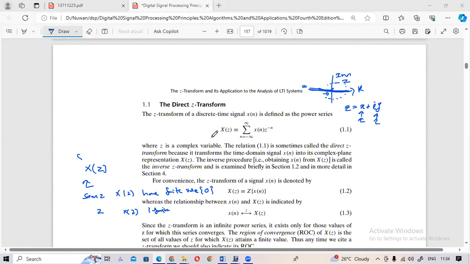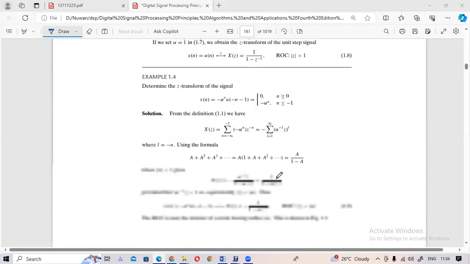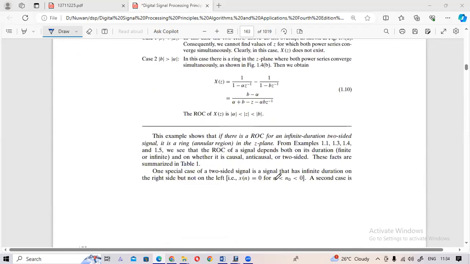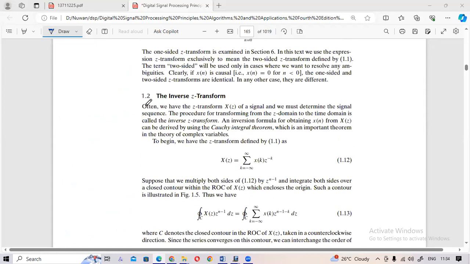So this is the transform side, this is one element. The inverse Z transform is also there. Here, in section 1.2, it shows the inverse Z transform.